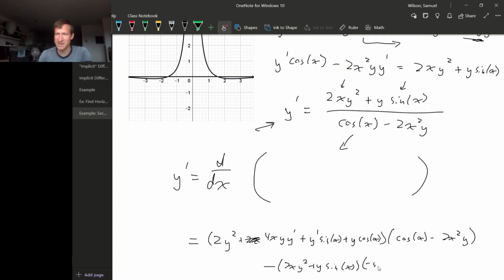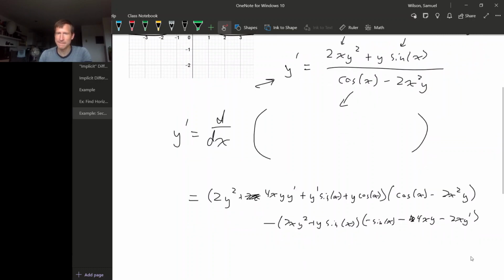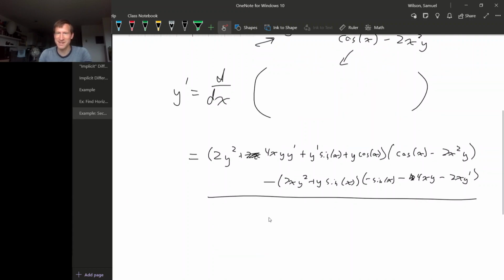So that's going to be minus sine x. And then we have to do a product rule, 4xy minus 2xy prime. Okay, so all of that over the denominator squared. Cosine x minus 2x squared y all squared.